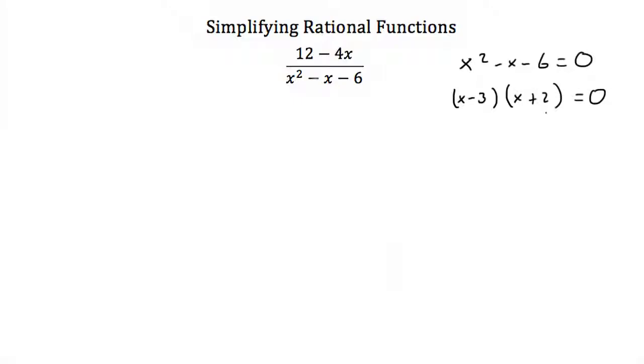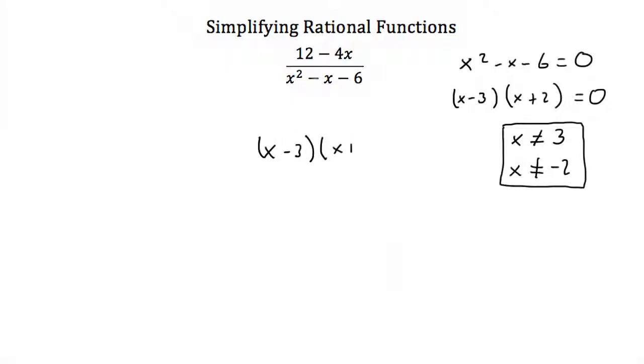If that's equal to 0, that means x cannot equal positive 3 and x cannot equal negative 2. So these are my excluded values. And I'm going to leave my denominator in its factored form. I have x minus 3 times x plus 2.